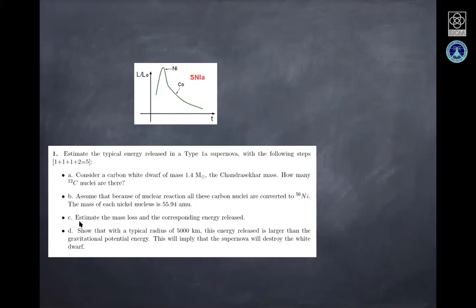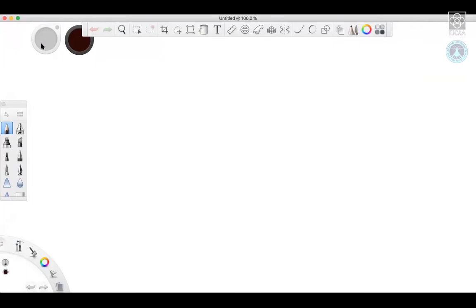One can assume the mass loss and the corresponding energy released, and then compare this energy with the potential energy of the white dwarf, assuming some radius, say 5,000 or 10,000 kilometers. So let's do this. We have specified the mass as 1.4 solar masses, and one solar mass, remember, is 2 times 10 to the power 33 grams.